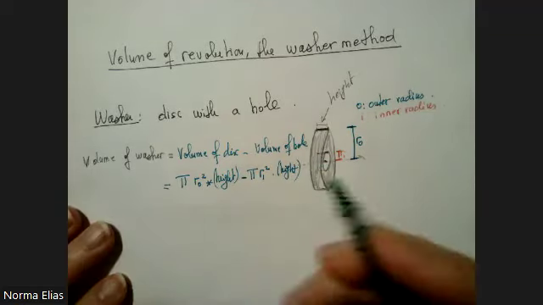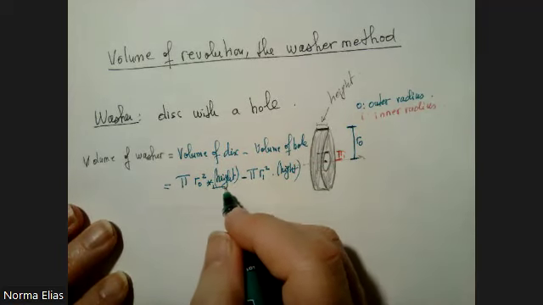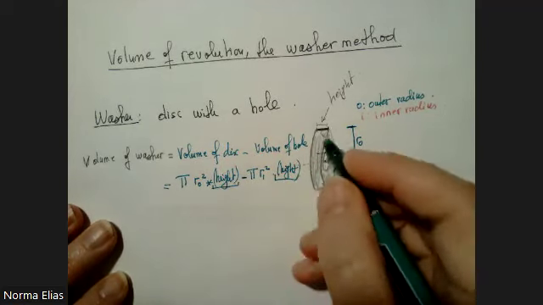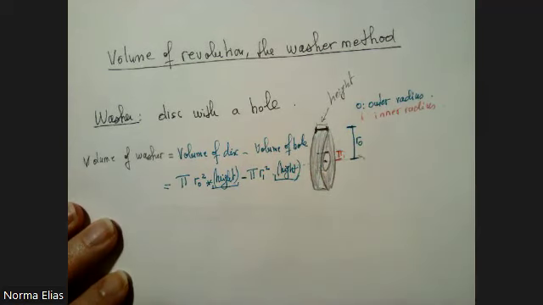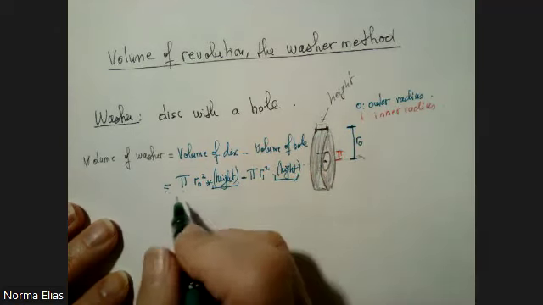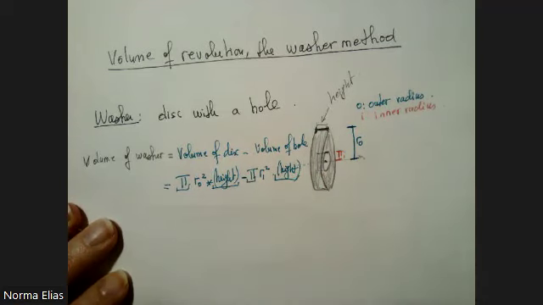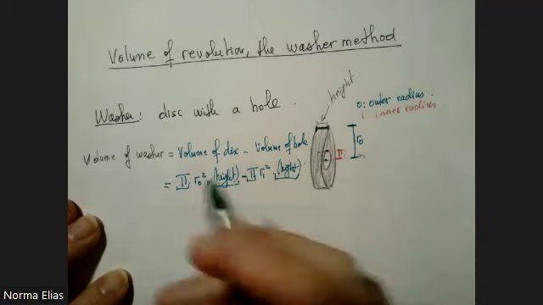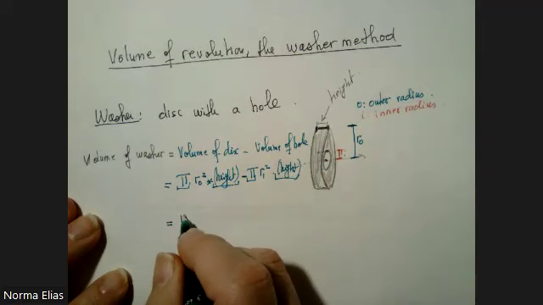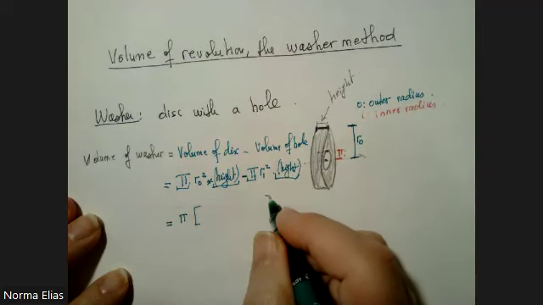Now we're going to factor out some things. The height for both of them is the same, for the disk and for the hole, so I'm going to factor it out. And I'm going to factor out the pi as well, just to make the writing easy.